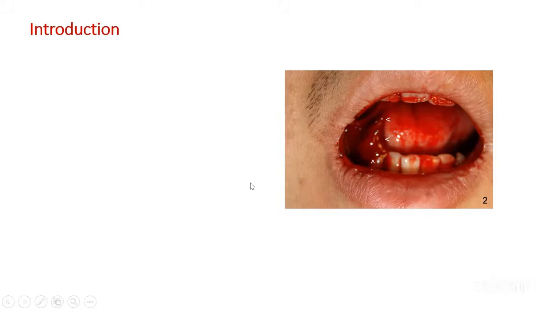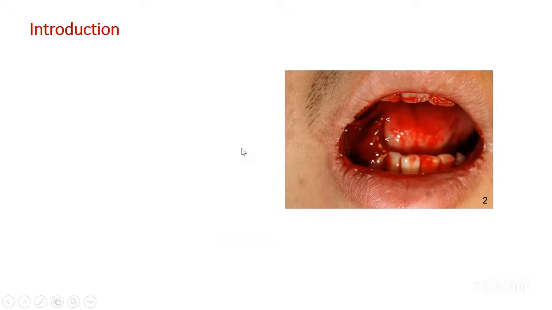All right. So basically, the patient might have pain, swelling, trismus, tooth fracture, jaw fracture, bleeding, ecchymosis, etcetera.